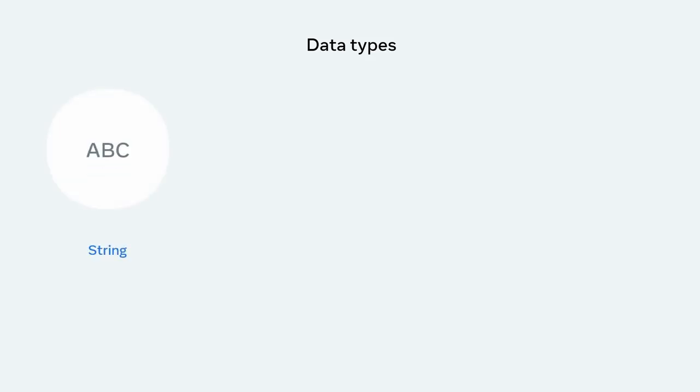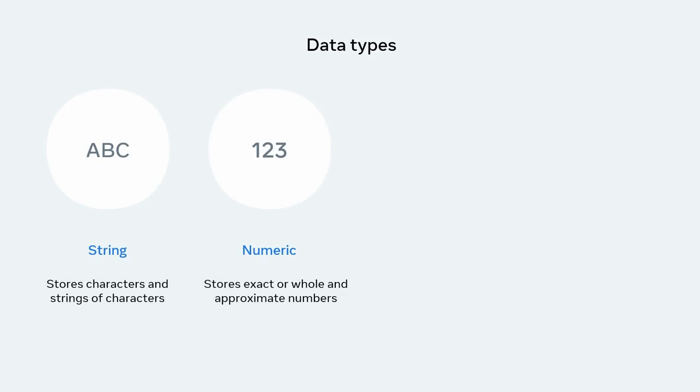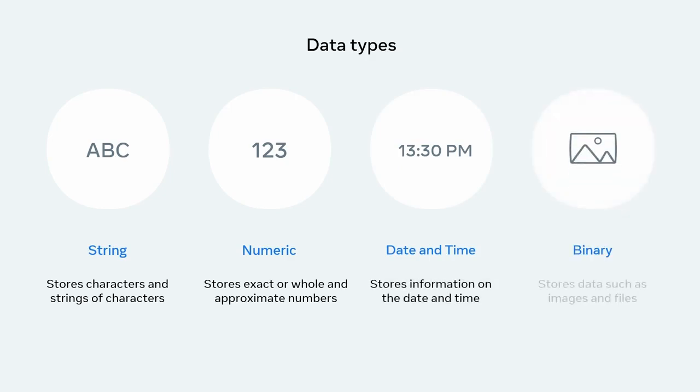Generally, all database systems support string data types for storing characters in strings of characters, numeric data types to store exact or whole numbers and approximate numbers, date and time data types to store information on date and time, and binary data types to store images, files, and other information. Another important concept related to tables is domains.